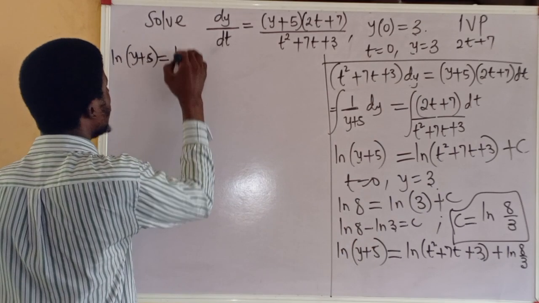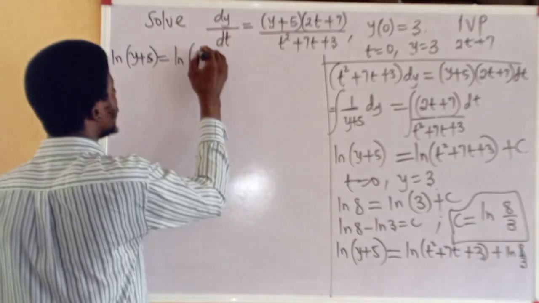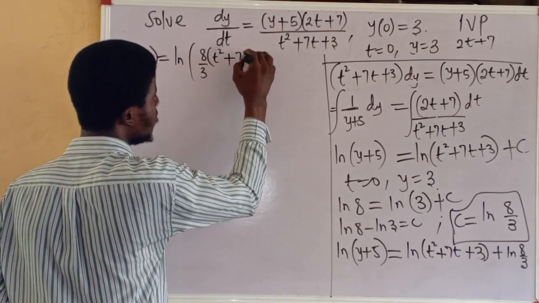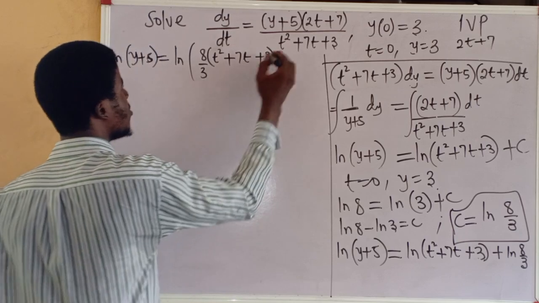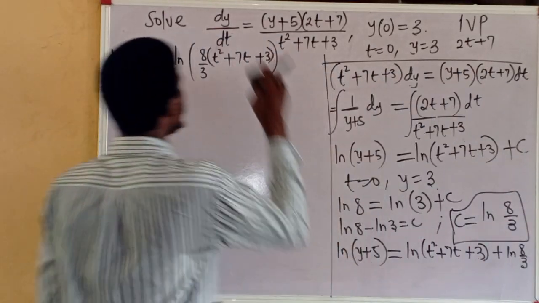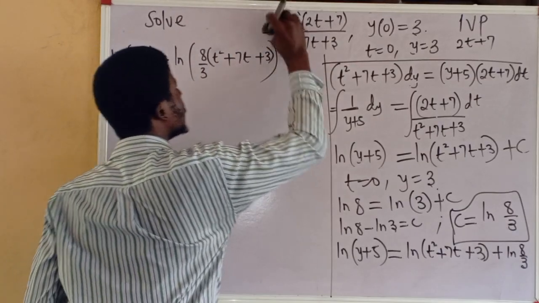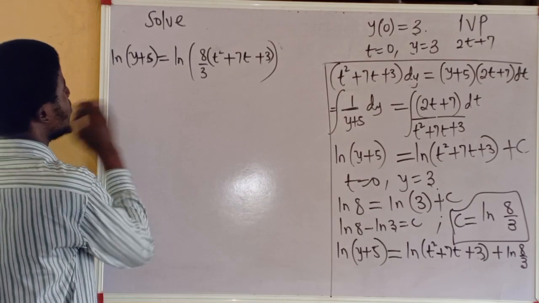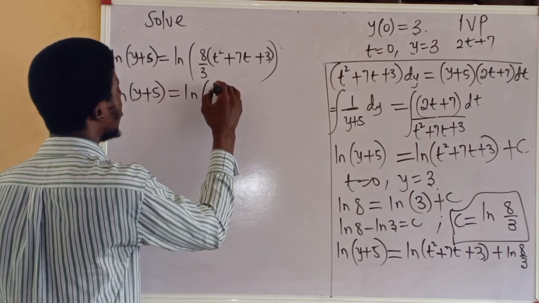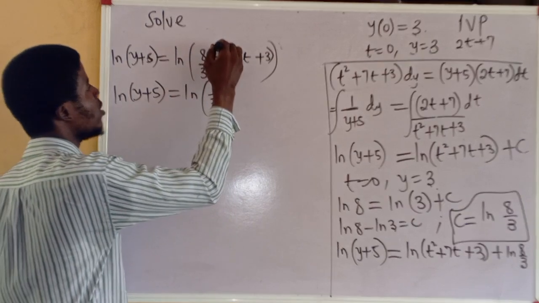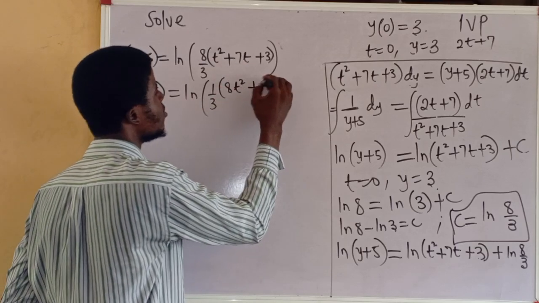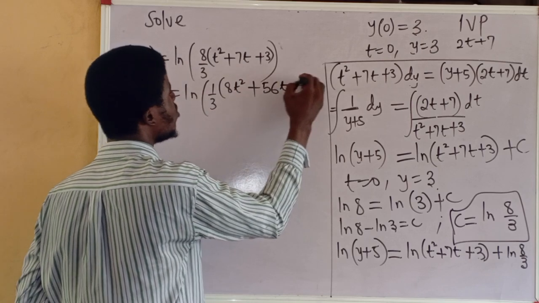That will be ln of 8 over 3 into t squared plus 7t plus 3. So we have ln y plus 5 is equal to ln of 1 over 3 into 8 times t squared, which is 8t squared, 8 times 7t, that's 56t, and 8 times 3 is 24.